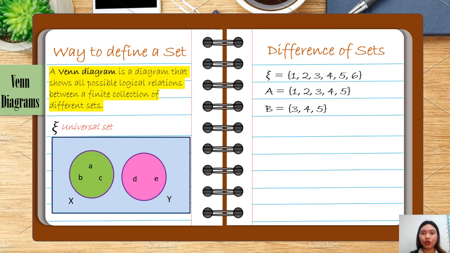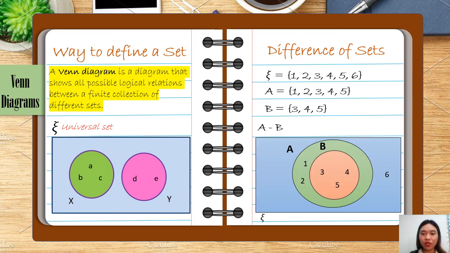The difference of the two sets, A minus B, is the set of the elements in A that are not in B. So A minus B: since 3, 4, and 5 in A are also in B, therefore A minus B is 1 and 2. As you can see, 6 is outside of the circle because it is the only number in the universal set that sets A and B do not contain.